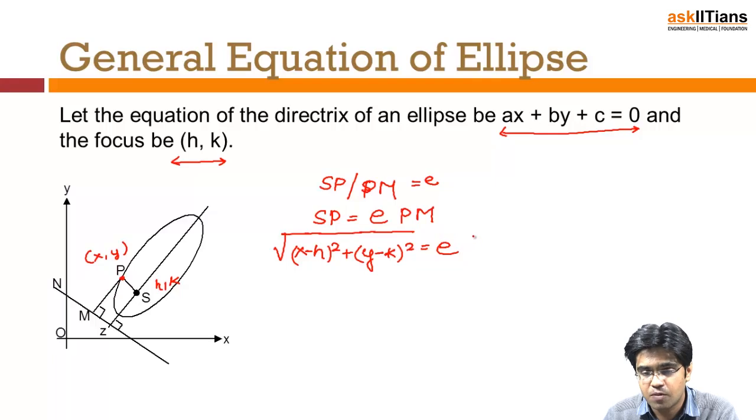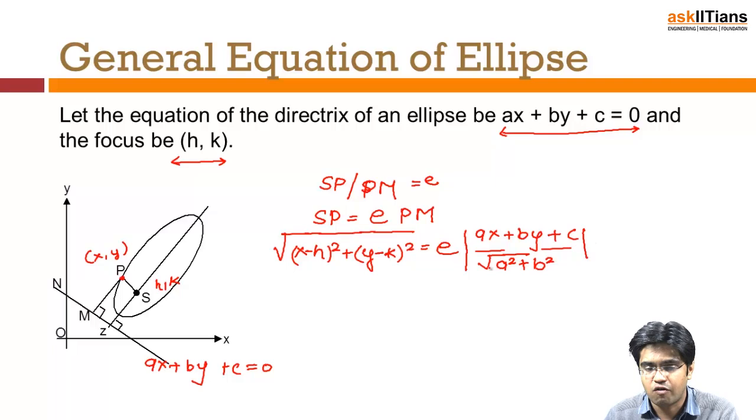So we are going to use the perpendicular distance formula. The equation of this line, the directrix, is ax plus by plus c equals 0. So it is mod of (ax plus by plus c) divided by the square root of a square plus b square. So this is the distance formula.